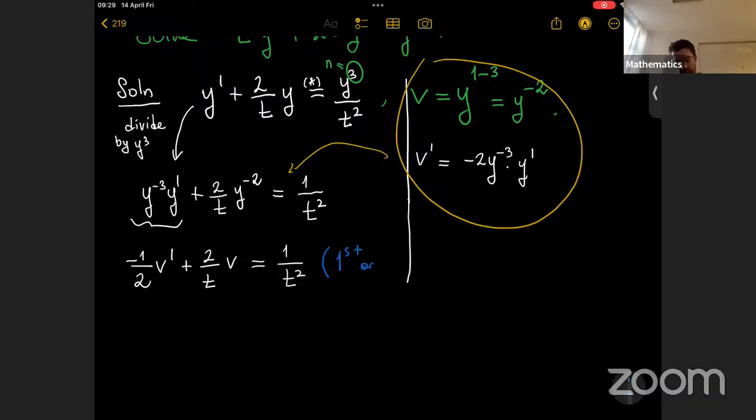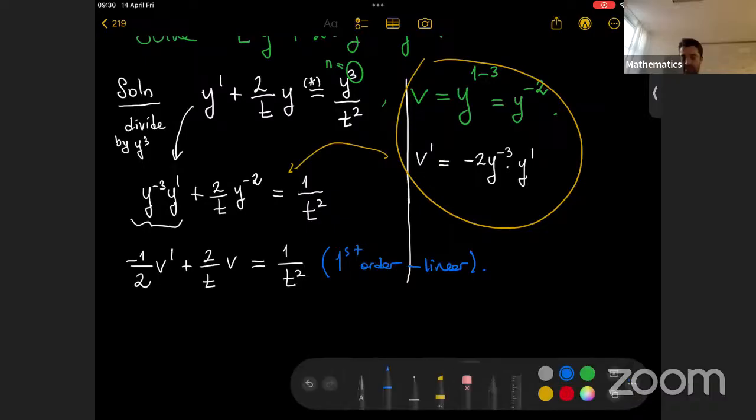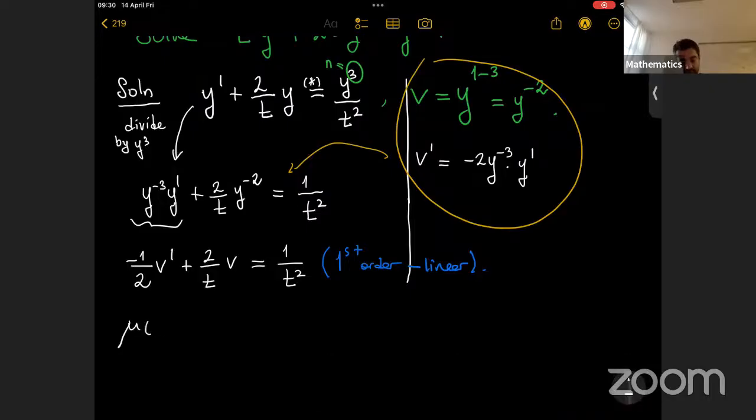First order linear. And how do you solve this equation? With the integrating factor, right? So basically mu of t is e to the integral 2 dt over t.